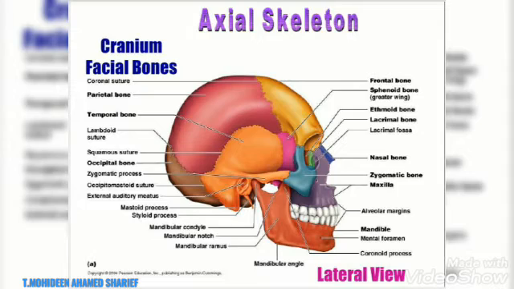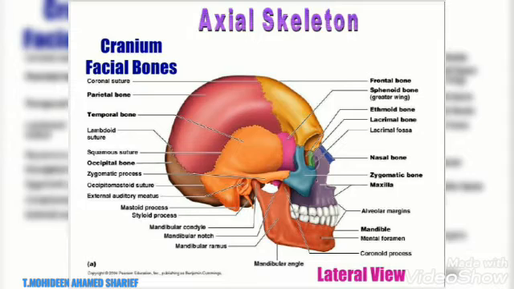Each middle ear consists of 3 tiny bones. They are malleus, incus, stapes, collectively called ear ossicles. The upper jaw is formed of the maxilla and lower jaw is formed of the mandible.